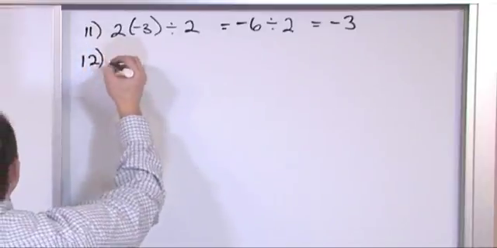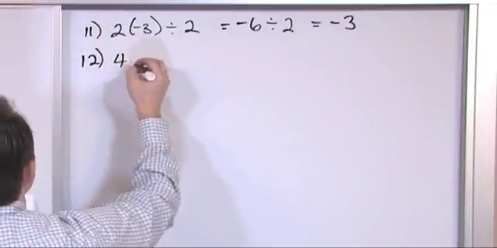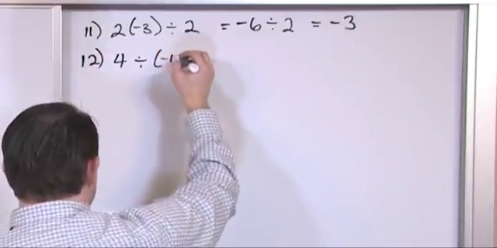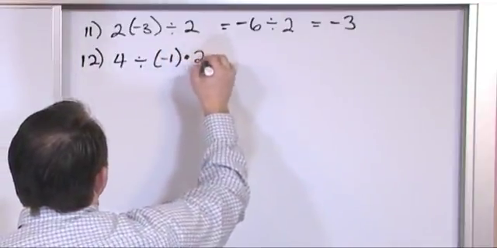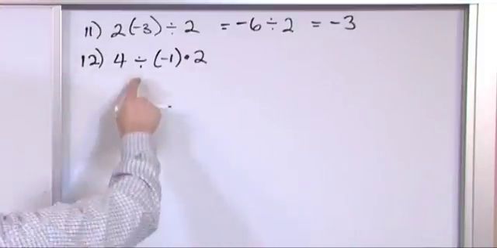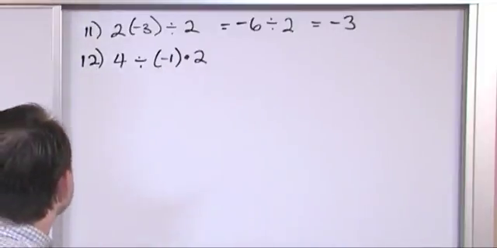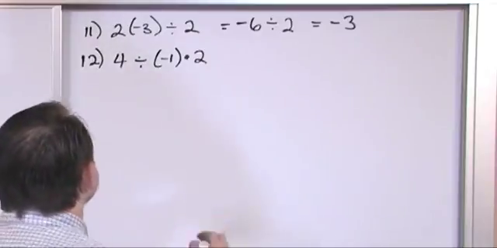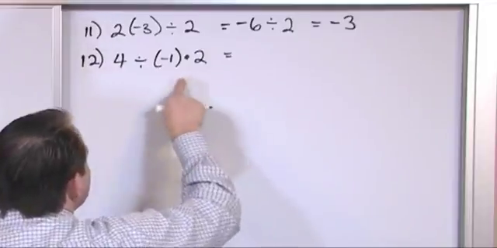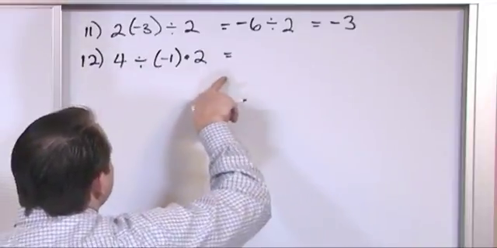Okay, now let's say we had 4 divided by -1 times 2. Now again, you don't see this too much in algebra. I'm just giving you these kinds of problems because your book is probably going to test you on understanding these little symbols. Here we have division and multiplication, so those are on the same level, so we can start at the left and go to the right.